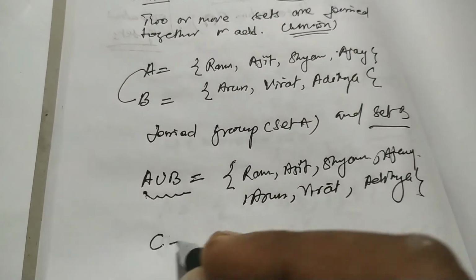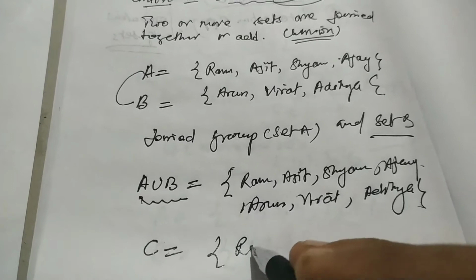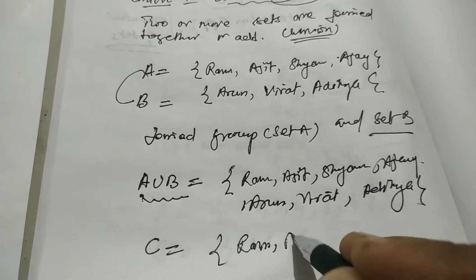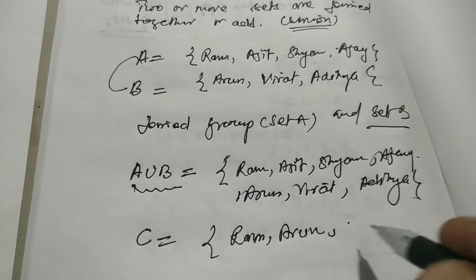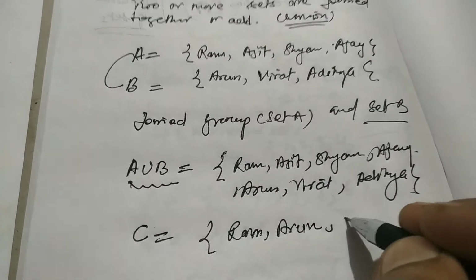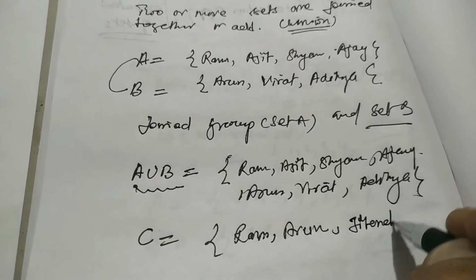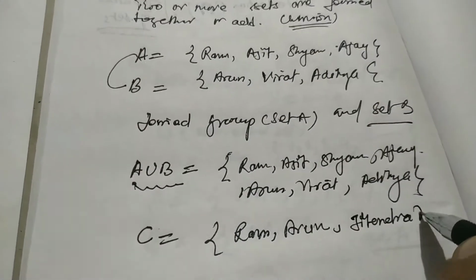See, if we have a third group where Ram and Arun are already present, and another member, Jitendra.